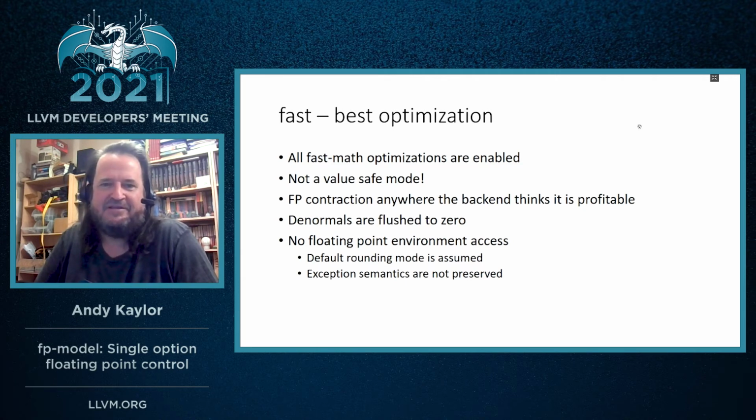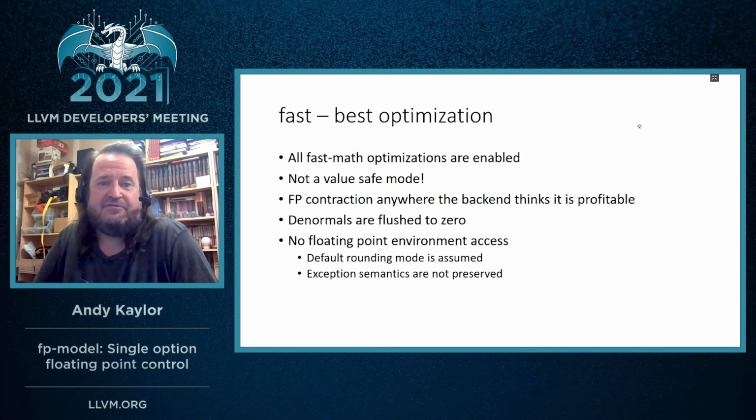If you compare the numeric results that you get with this model to the numeric results you would get with an unoptimized program, they won't necessarily be the same. The fast model also enables floating point contraction formation of FMA instructions anywhere that the backend thinks it's profitable, not just within a single expression. So if the optimizer is able to bring together, for instance, multiplication and addition, and it thinks that it would give better performance to combine those into an FMA instruction, it will be allowed to do that in this mode.